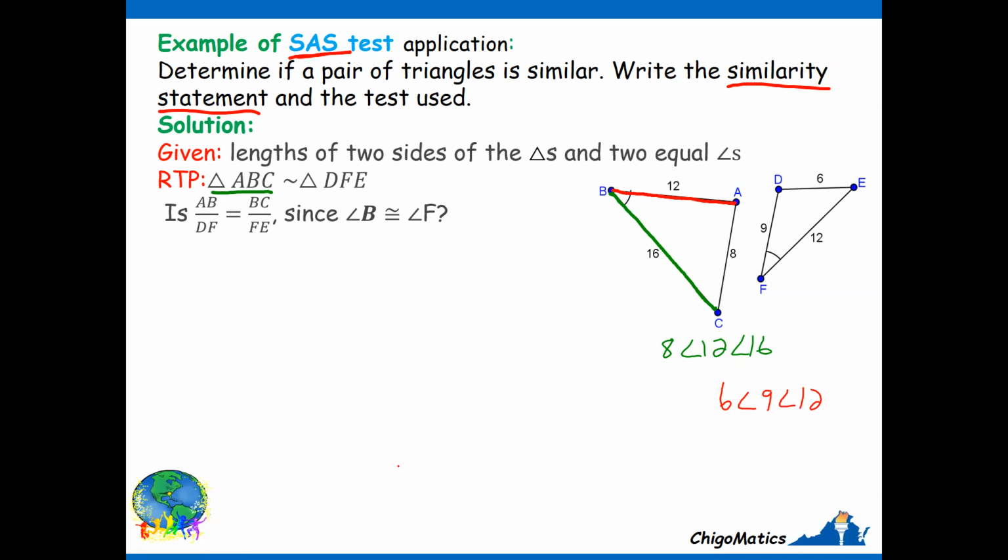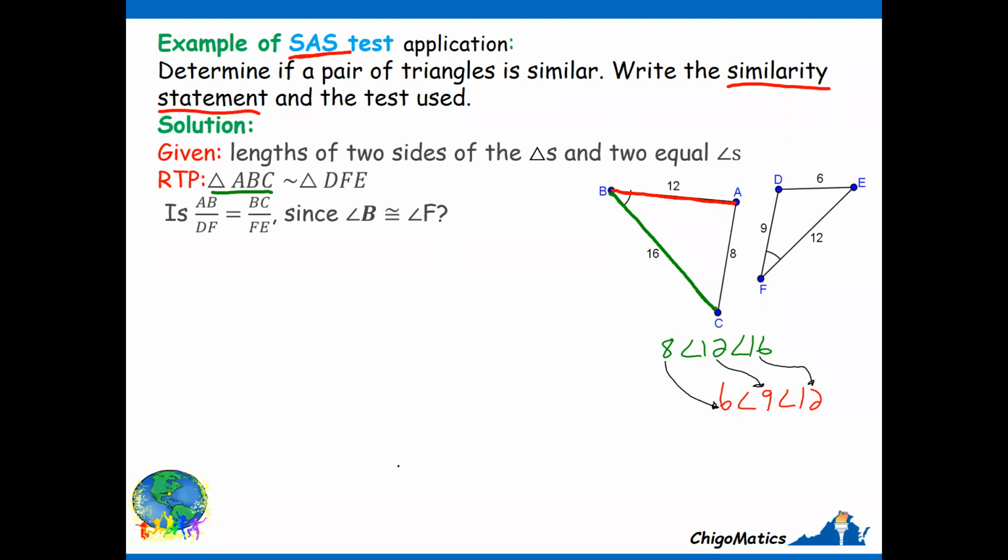So once you have done this, then we know the corresponding sides based on this. So that is now very simple for us to relate this. That means the side marked 8 corresponds to the side marked 6. The side marked 12 will correspond to the side marked 9. The side marked 16 will correspond to the side marked 12, right?